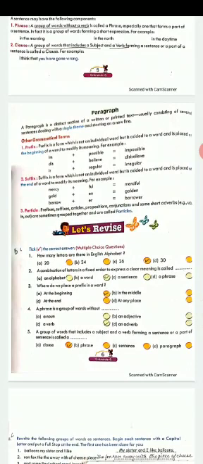Now possible is a word in itself, but im is not a word. It is just added to change the meaning of the word. The initial word is possible. You have to change the meaning, so you can add im to it in the beginning, and the meaning will be different. From possible, the word will become impossible.